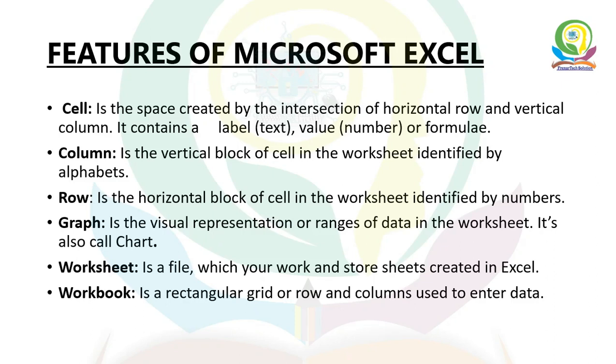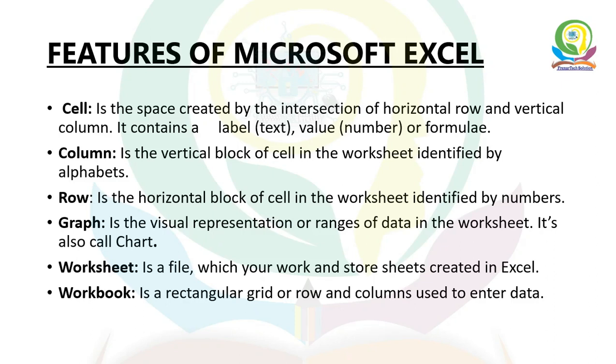The first one is called a cell. In a table, Microsoft Word talks about a table. This is similar to that, in the form of a cell. The cell is a box, a single unit, and you are going to see boxes in Excel. One of them is what we call a cell. It is the space created by the intersection of horizontal rows and vertical columns.